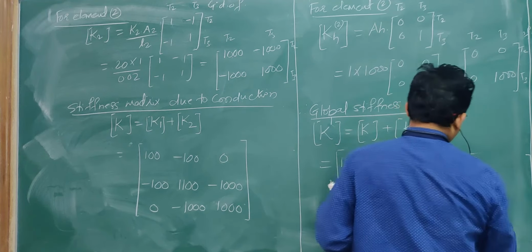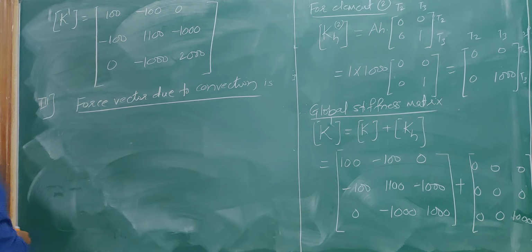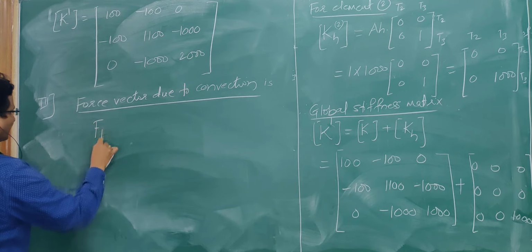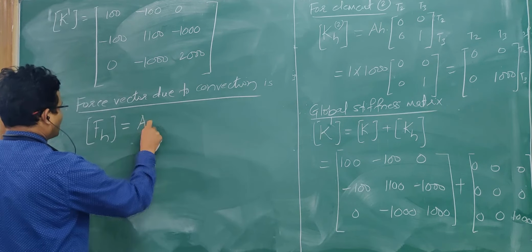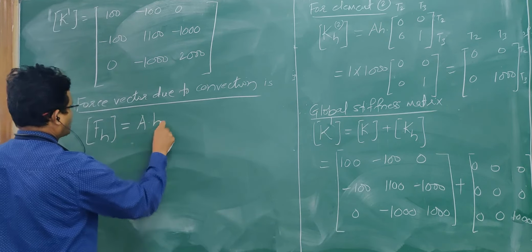due to convection is given by, so I'll just calculate that. We have already derived this formula in the last lecture. F_h is equal to A into h into T infinity times 0, 1. Again, this is T2, this is T3, because convection is present in the second element where the node numbers are 2 and 3, or the temperatures that are specified are T2 and T3.